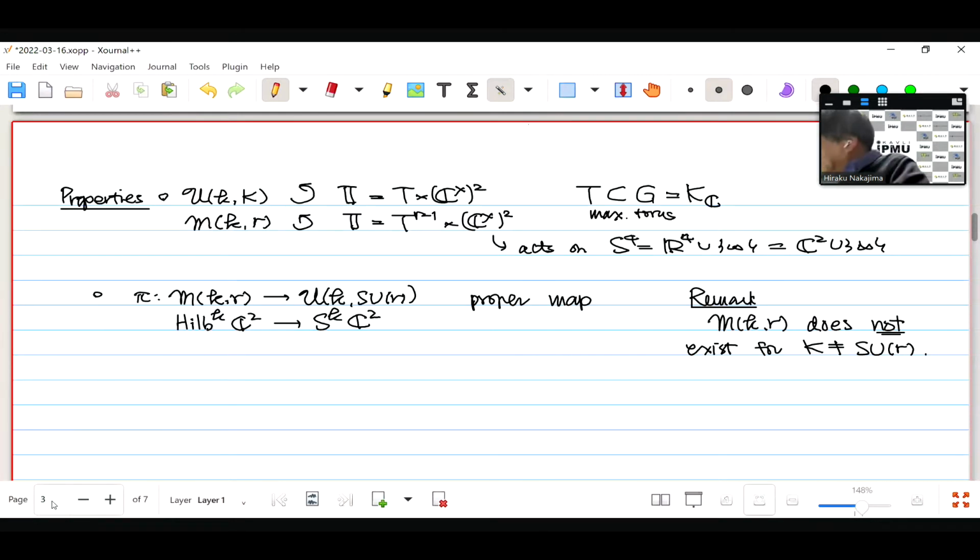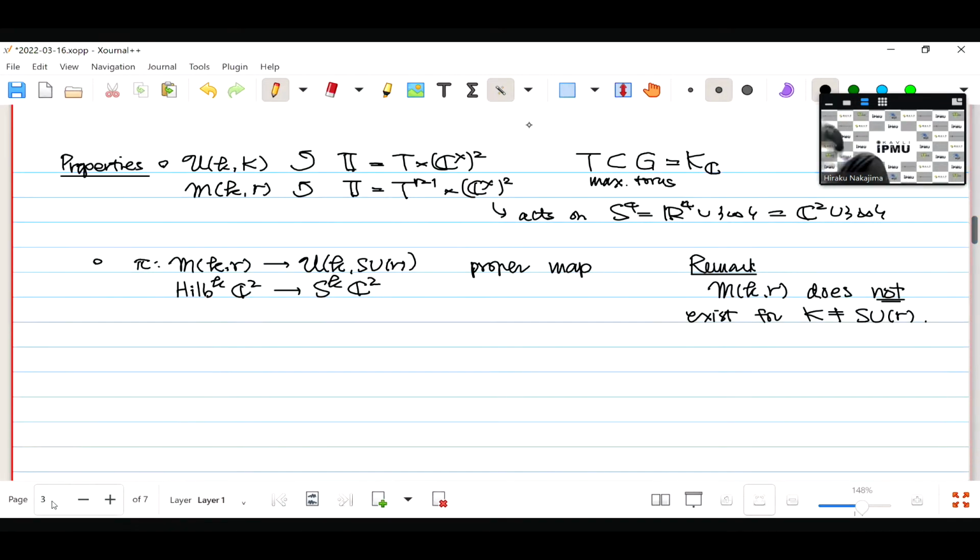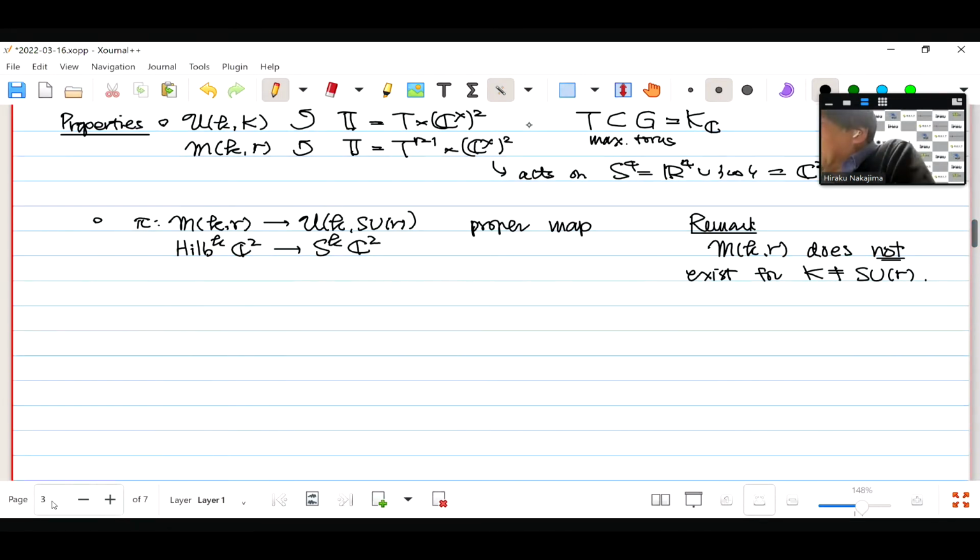I don't make precise what I mean by non-existence, but in many senses M(K,R) is a very nice space, and if you look for similar nice spaces for other groups, there is some obstruction to finding such examples. So M(K,R) is known not to exist for other groups. This makes the analysis of instanton moduli space difficult for groups other than SU(R). This is an unpleasant fact, but it is the status, so you must accept it.